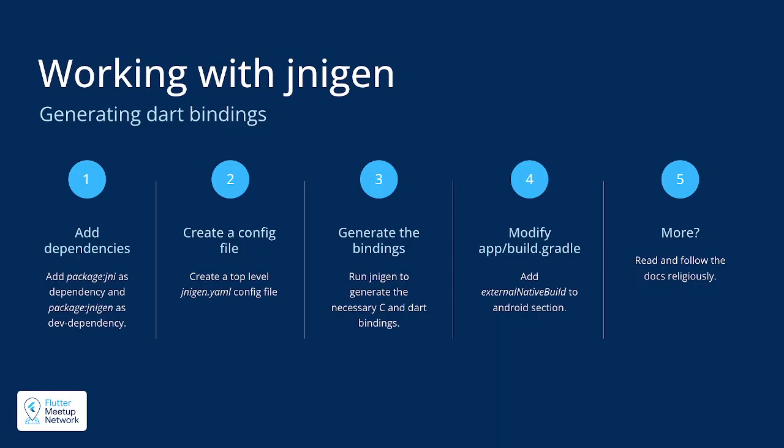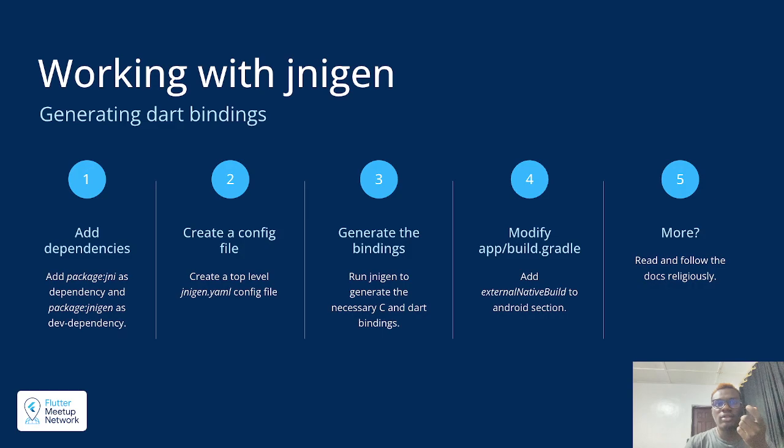So let's see, working with JNIGen to generate the Dart bindings. The first step is to add the dependency. You add package JNI as a dependency and package JNIGen as a dev dependency. Then of course you have to pub get.